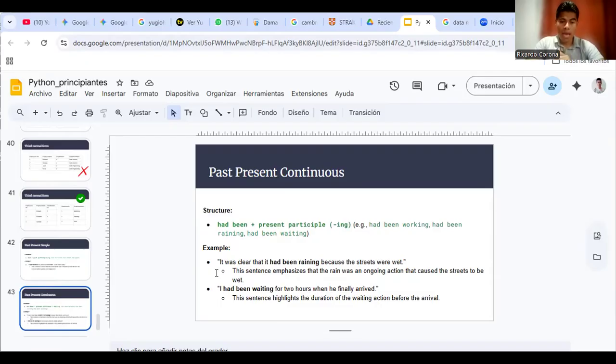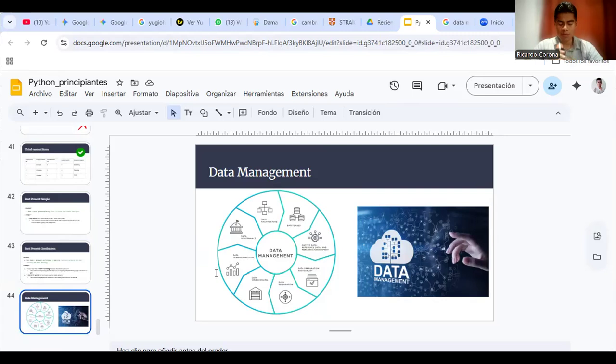So: I had been studying for 2 hours when I finally understood the description, the meaning of data management, and I share this information with you. Many enterprises nowadays recognize that their data is a vital enterprise asset.